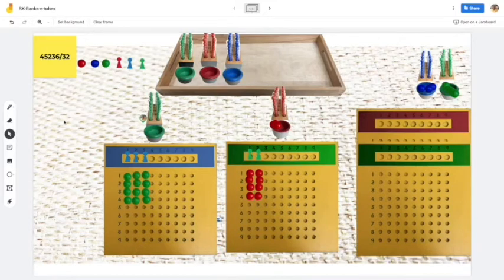Okay, so we are done with distributing with thousands and hundreds. We don't have any more thousands, so we put back the ball and rack of thousands.